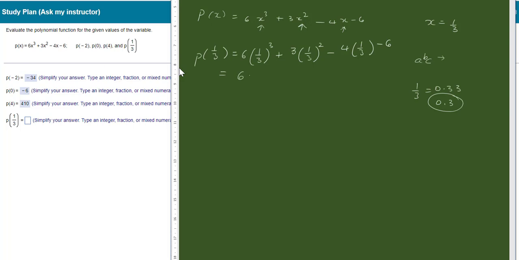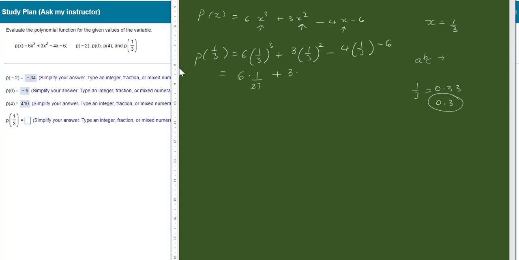Okay, let's do this. If we are doing it by hand, this is how you will do it. 6 times (1/3) cubed, which means 1 cubed divided by 3 cubed. And 3 cubed is what? 3 times 3 is 9, 9 times 3 is 27, right?